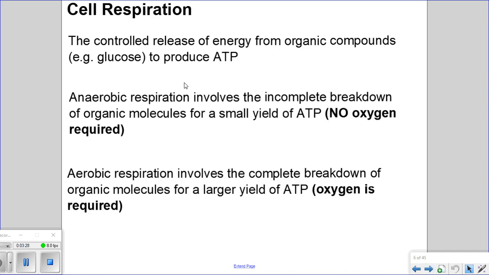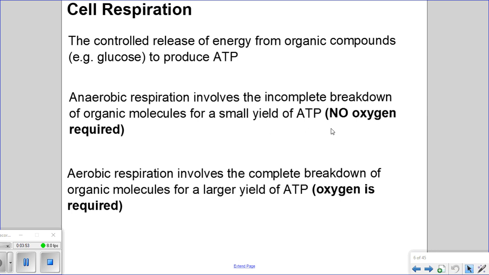So in this process of cell respiration, this is the controlled release of energy from organic compounds, and we'll use glucose in our example here to produce ATP. So recall that there are two forms of cell respiration. There's anaerobic respiration and aerobic respiration. Anaerobic respiration involves the incomplete breakdown of organic molecules for a small yield of ATP.